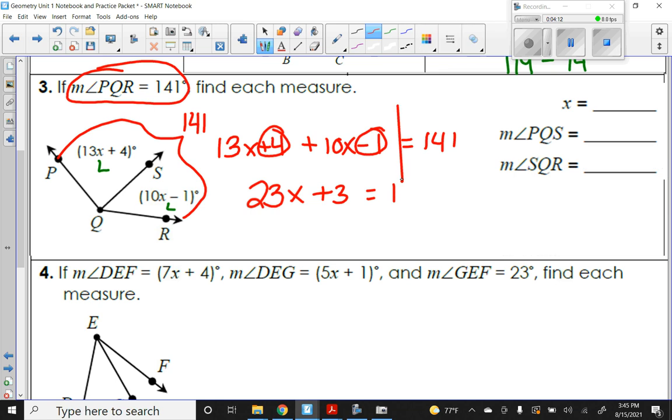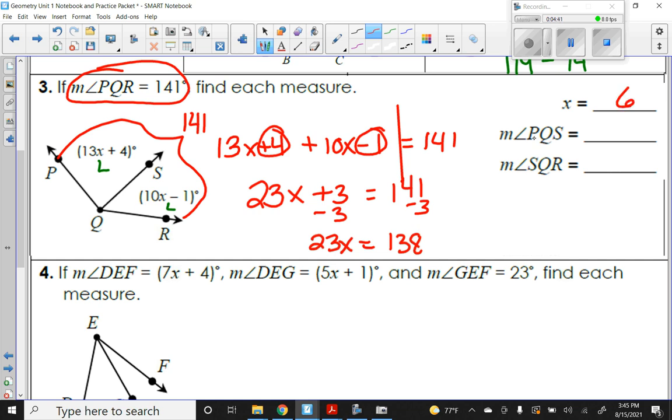The big is 141. Subtract 3. 23x equals 138. Grab my calculator. 138 divided by 23, and I get x is 6.